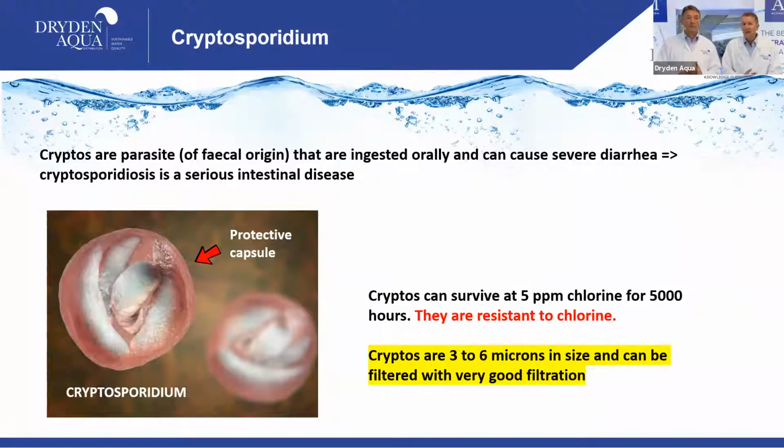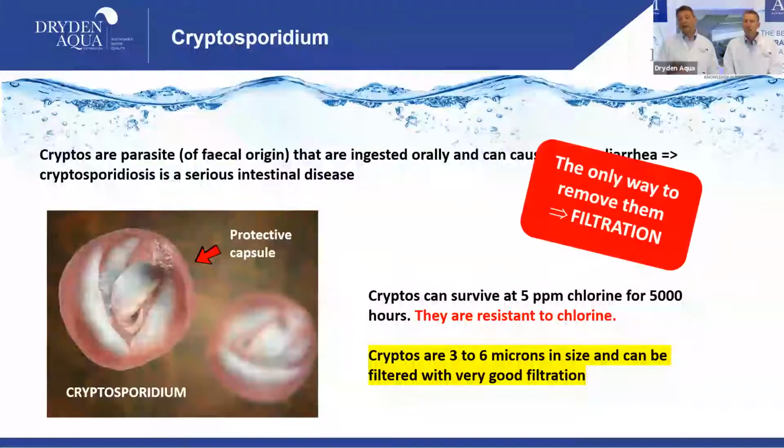The good news here is, though, that crypto is relatively big, 3 to 6 microns in size. So if you have really good filtration, maybe in combination with flocculation, but with AFM-NG, you get the filtration that you need that will remove crypto from your water. Yeah, so there is a solution to this. Especially the NG is a crypto barrier. Yep. Okay. Good.